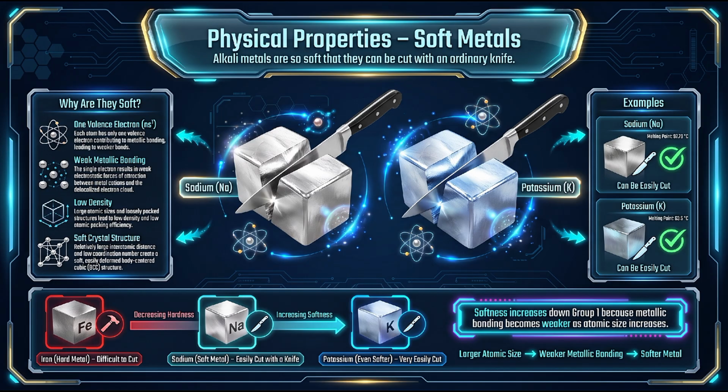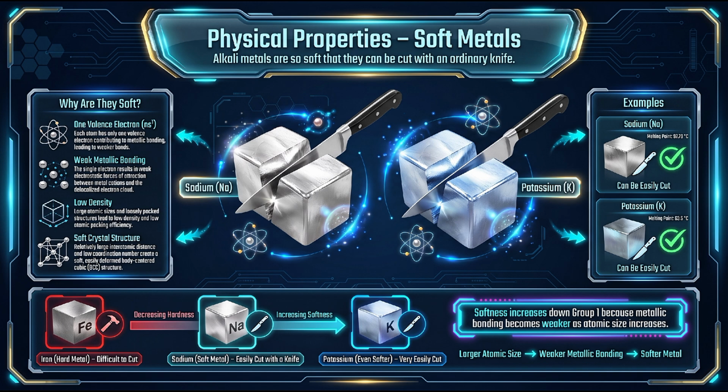Consequently, metallic bonding becomes weaker as atomic size increases. The image clearly shows this trend with the statement: larger atomic size, weaker metallic bonding, softer metal. This relationship explains why the softness of alkali metals increases as we move down the group.